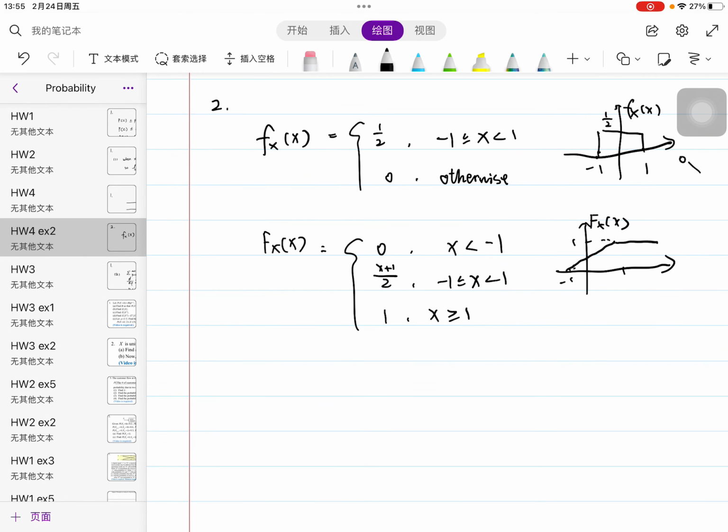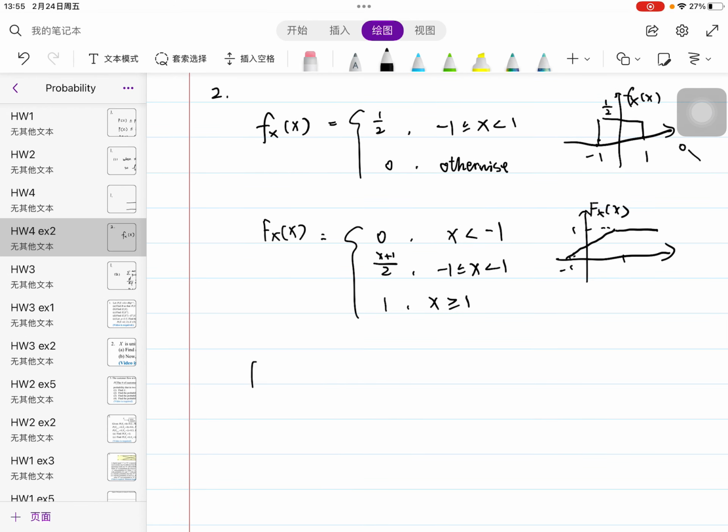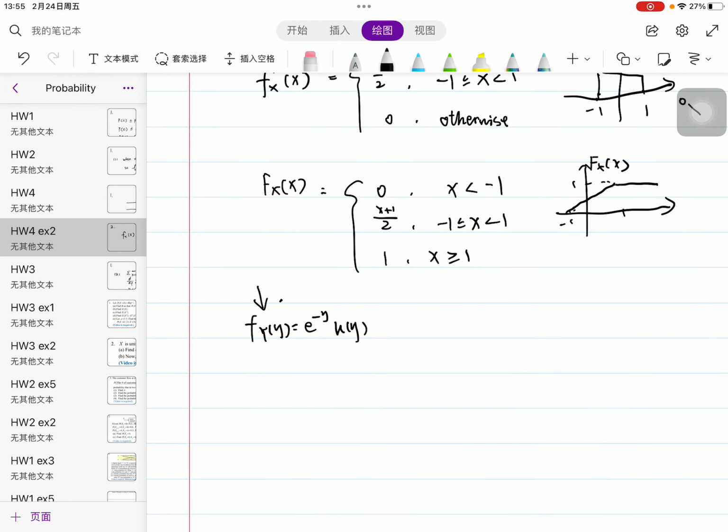And we are given that the density function of y is equal to this. So we are going to find g(x) such that the density function is equal to this, right? From the density function, we could use an integral to get the distribution function.